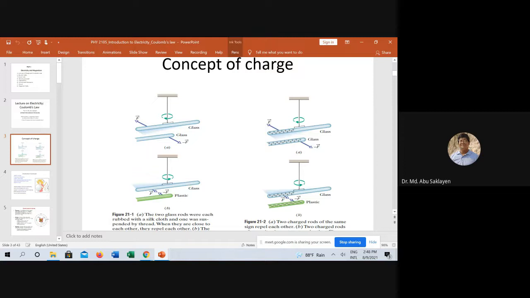Only electrons can transfer. So charge is an intrinsic property of elementary particles: electron, proton, and neutron. During their formation, this property is embedded in these particles.